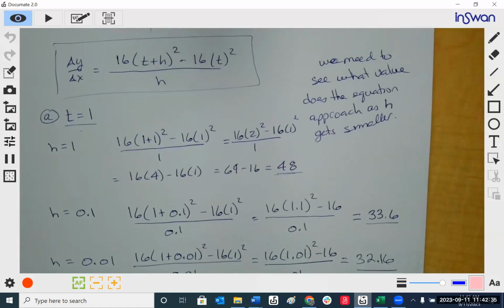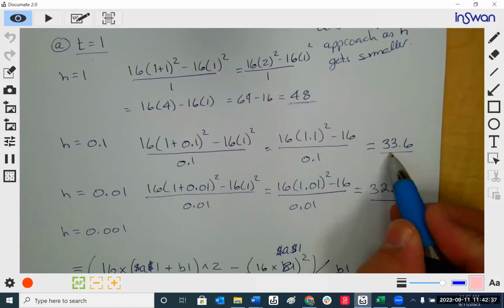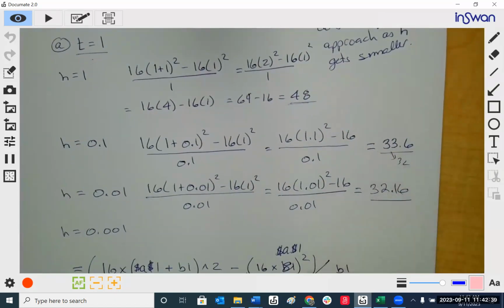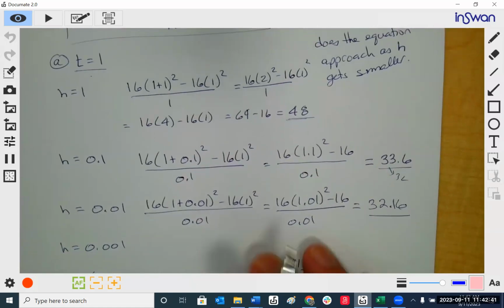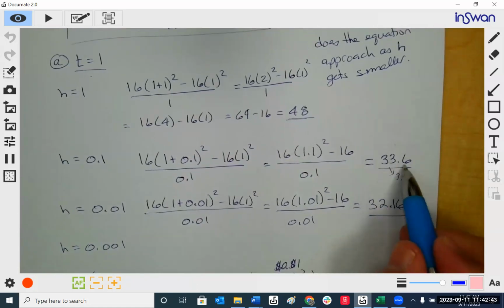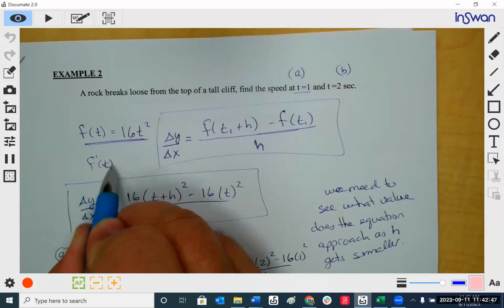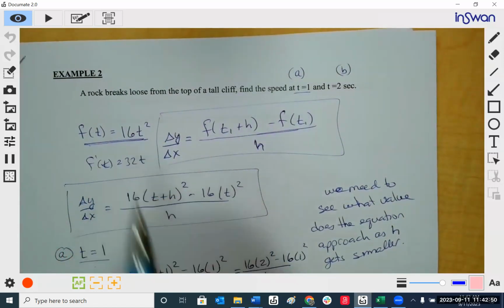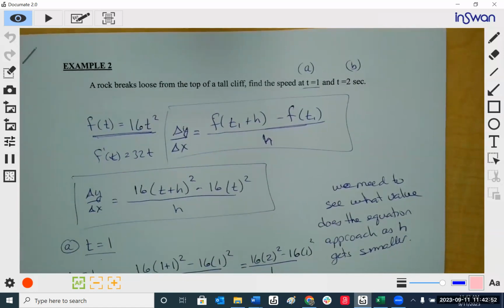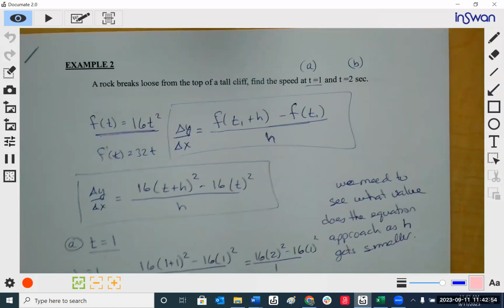For example, I know that if I keep on going, it's going to go down to 32. But at this pace, it's getting close to 33. We're going to see that the derivative of this thing is 32t. But again, that's for another day.